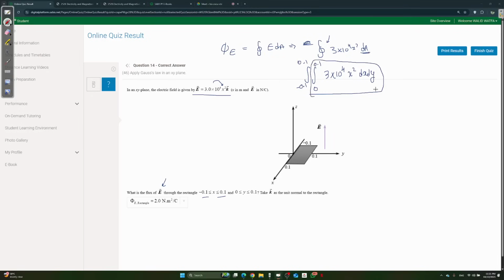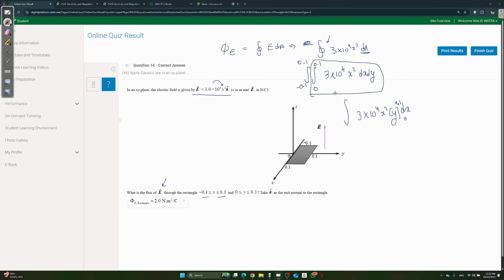The first thing we do is the inner integral. You're integrating with respect to y. So it's going to look like this after integrating: 3 times 10 to the power 4 x squared, dy will turn into y since the integral of dy is just y, dx, with y from 0 to 0.1.